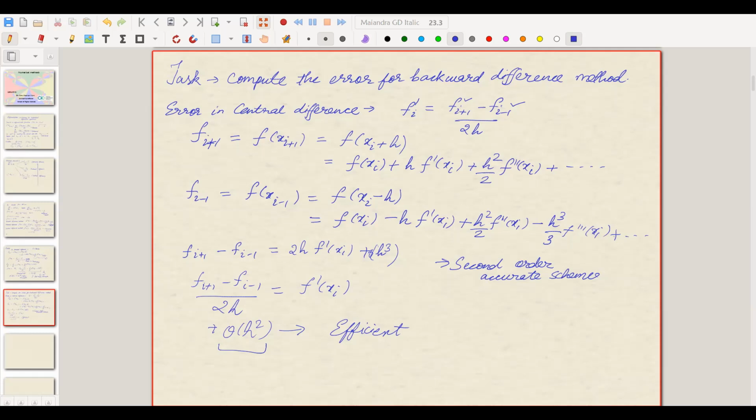After this, I am taking h equal to h by 10. So for every run, there will be a new value of h, the previous one divided by 10. For that, it will compute the forward difference again and find the error. Then I will plot the error versus the step size, to see how it looks.